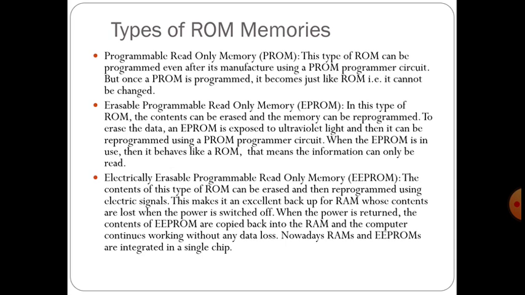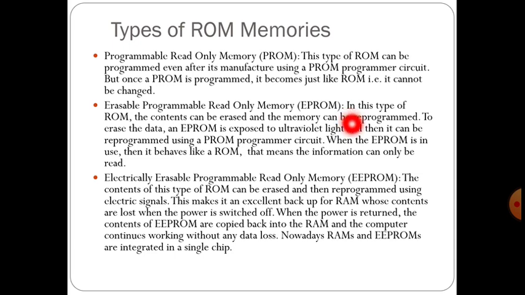Now the types of ROM memories. First is PROM, that is programmable read only memory. This type of ROM can be programmed even after its manufacture using a PROM programmer circuit. But once PROM is programmed, it becomes just like ROM. It cannot be changed. Next is erasable programmable read only memory, that is EPROM.